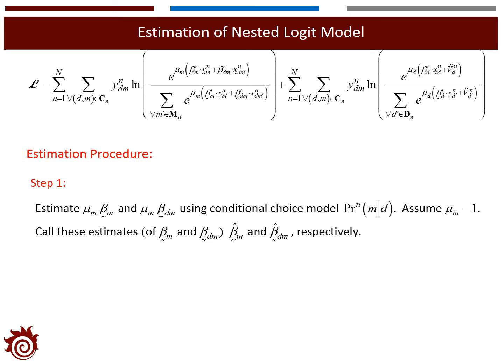Then the estimated value of mu m times beta m will just be beta m, and mu m times beta dm will just be beta dm. The estimated values beta m hat and beta dm hat will be captured by mu m beta m and mu m beta dm.